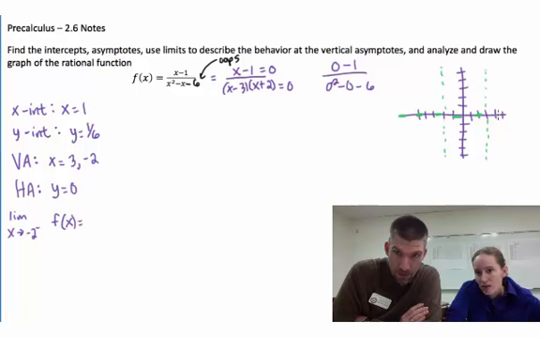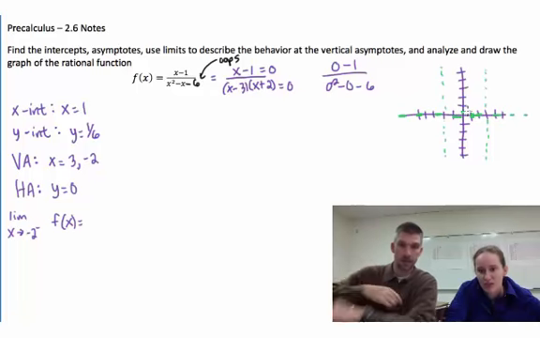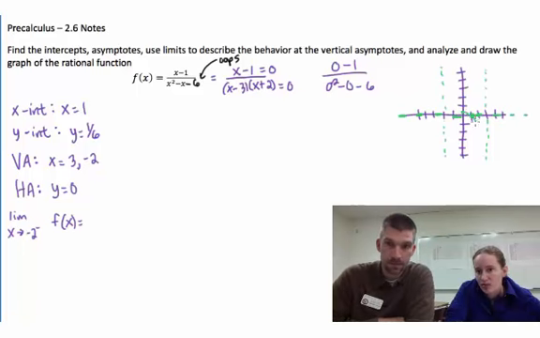This is taking shape here. X-intercept at x equals 1, and y-intercept at y equals 1/6. And so what's going to happen here in the middle is it's going to look kind of like a cubic function in the middle. Do your best in here. It can be really hard to string all those together, but it's going to look something like that.